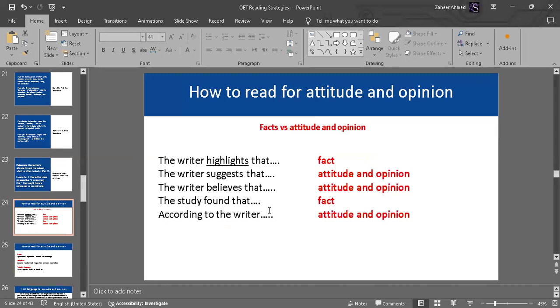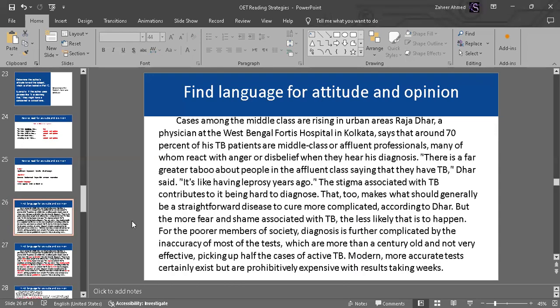Now, can you identify the attitude and opinion from this text? What are the words that give you the same impressions like opinions?